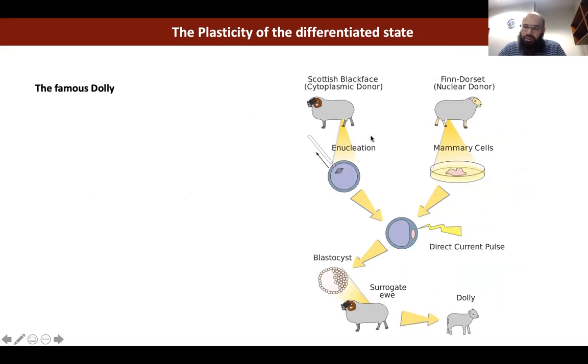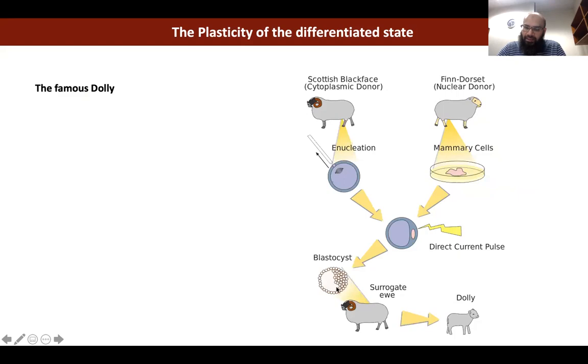So they took out the nucleus from one sheep and enucleated another cell type from another sheep, then put this cell, which has cytoplasm from one sheep and the nucleus from another sheep, into a blastocyst of a third sheep, which is a surrogate sheep.